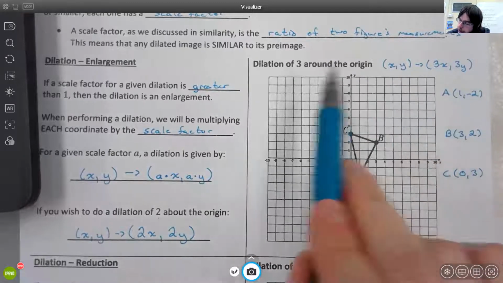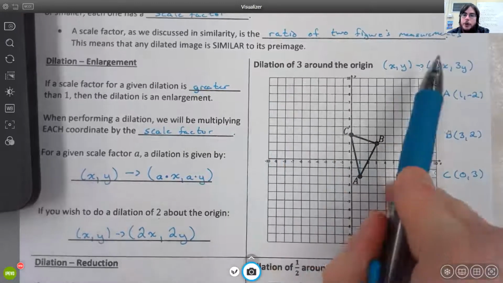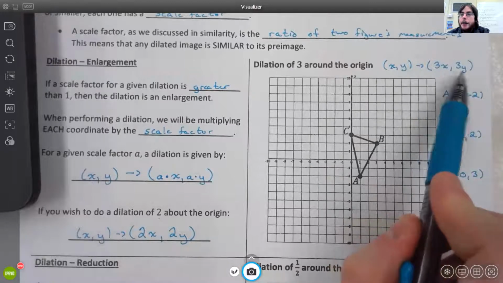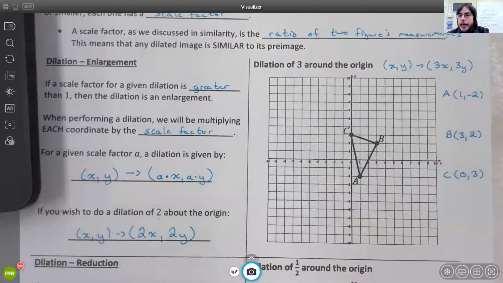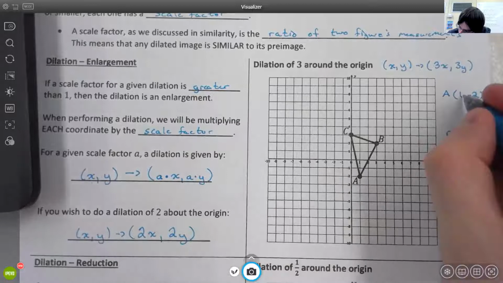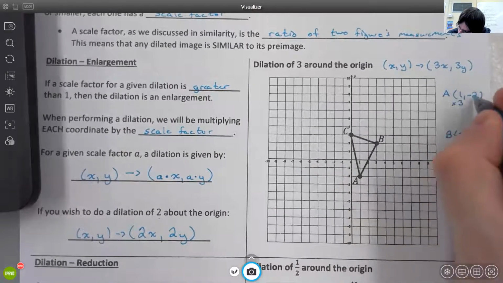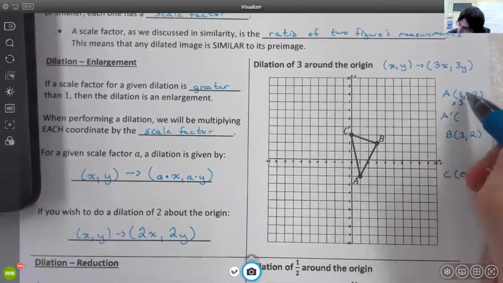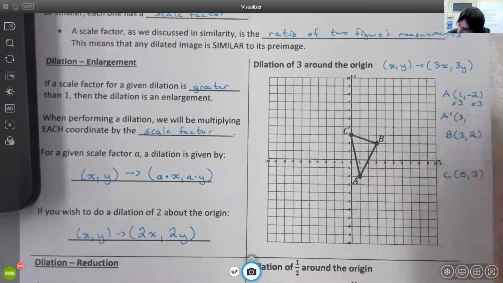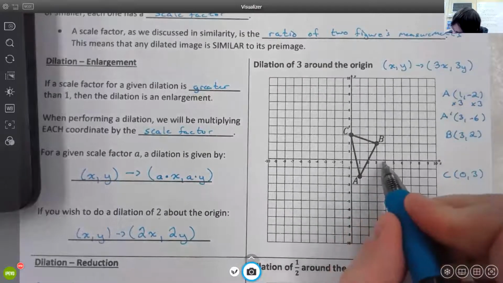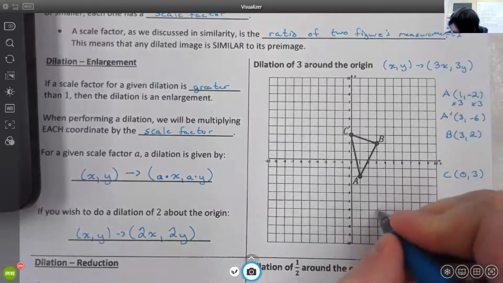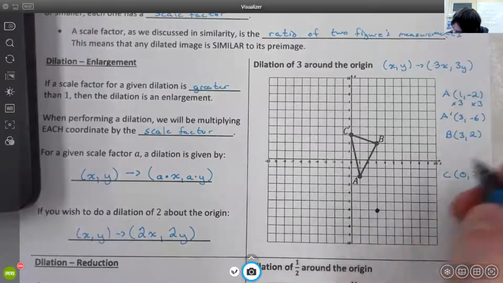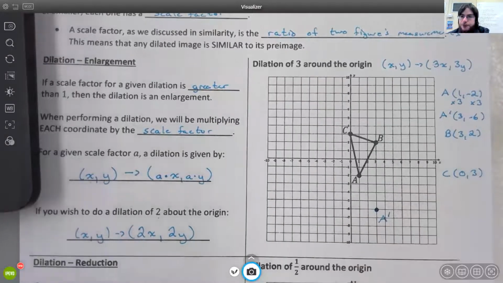We're doing a scale factor of 3, so we multiply each of our x and y coordinates by 3. For A prime, 1 times 3 gives you 3, and -2 times 3 gives you -6, so we plot the point (3, -6).